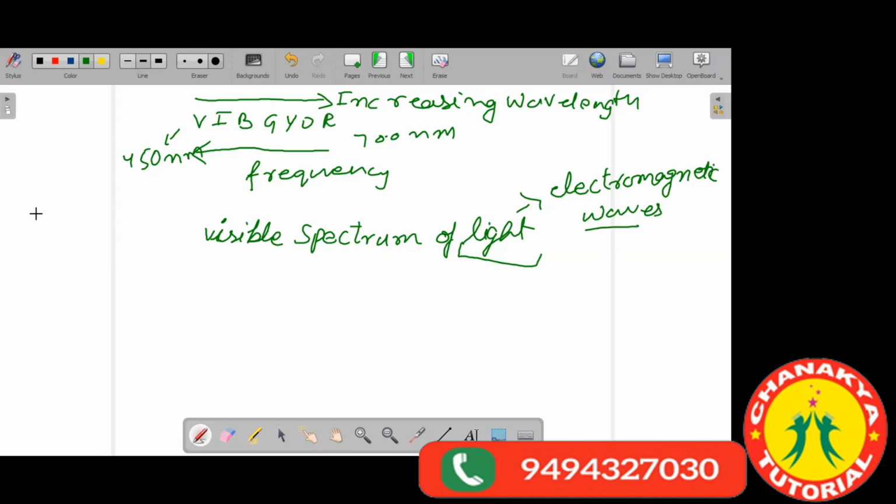So for a broad category, when I say light, it means all the electromagnetic waves. It includes ultraviolet waves, X-rays, gamma rays, microwaves, radio waves, all of them, they are light. But for your grade 10, when I say light, it is only the visible portion of the light which I am talking about. Understood this? Yes, sir.